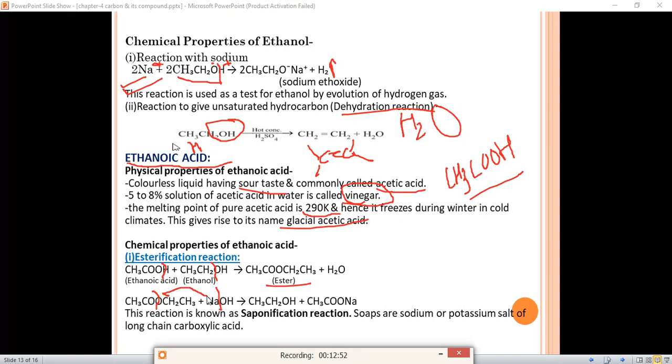CH3CH2OH is ethanol. This reaction is known as the saponification reaction. Why? Because this reaction is used for making soap. Soaps are sodium or potassium salts of long chain carboxylic acid.